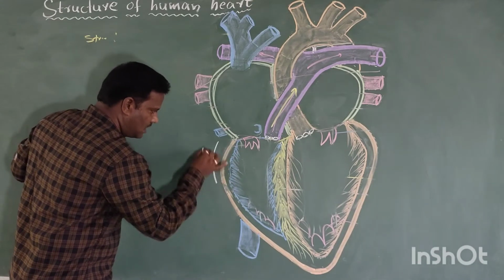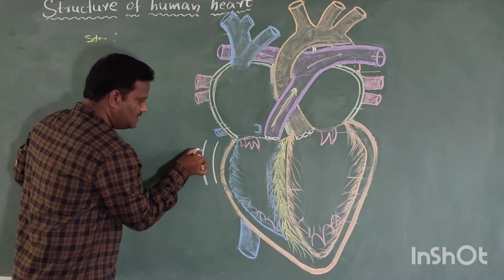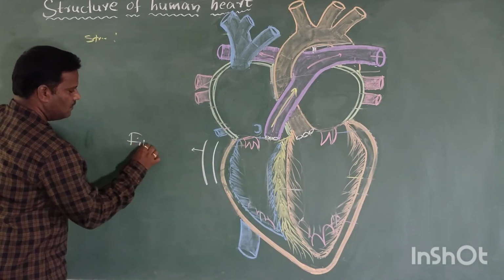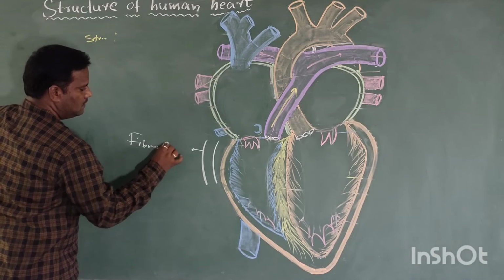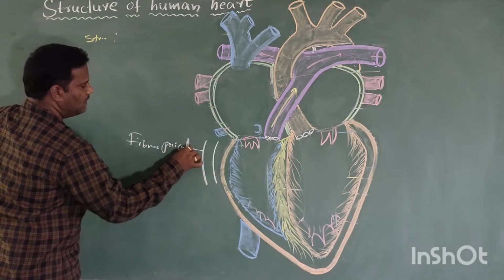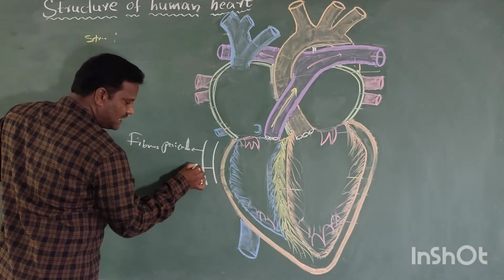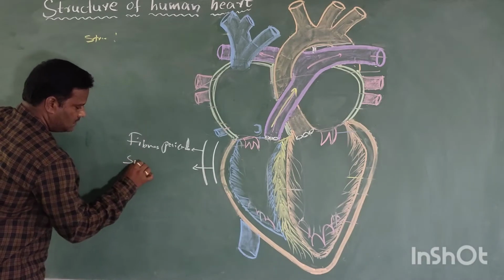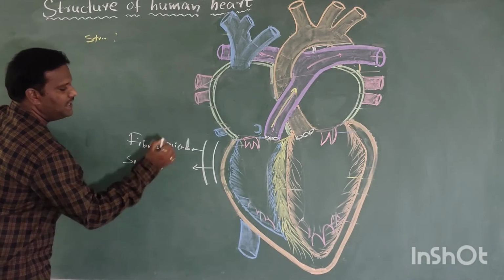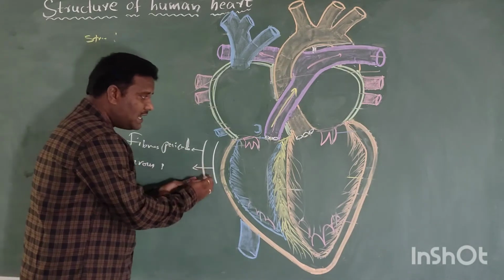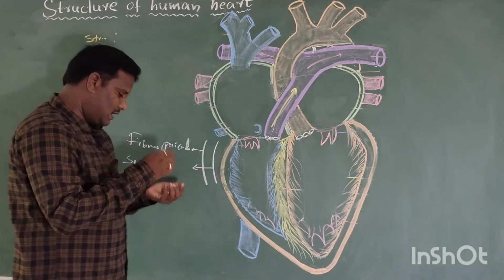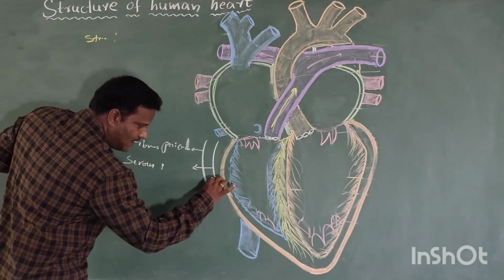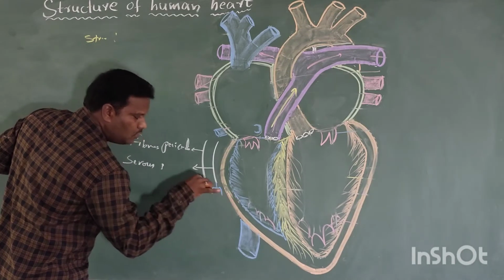The upper layer is called the fibrous pericardium, and the second, inner layer is called the serous pericardium. So 2 layers protect the heart, and the serous pericardium is again divided into 2 layers.